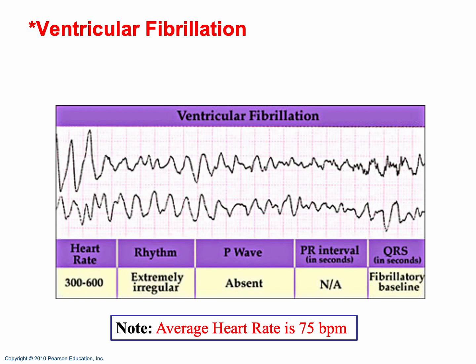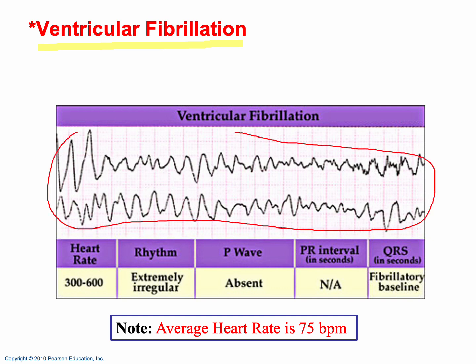This is a generic graph of ventricular fibrillation, but the big thing we can get off of it is that, again, you can't identify the waves. They're really all irregular. And look at the heart rate of this person: 300 to 600 beats per minute for this brief period of time.